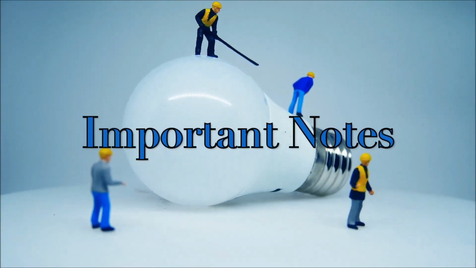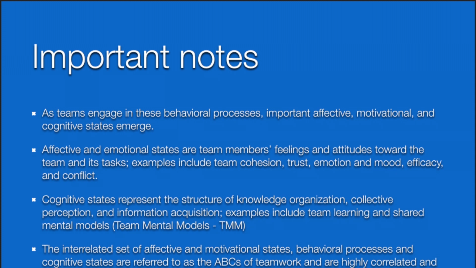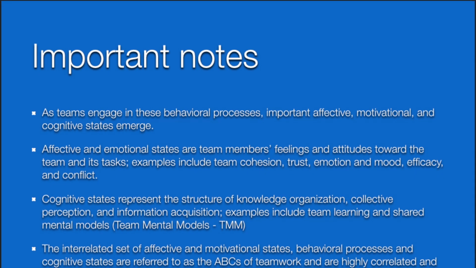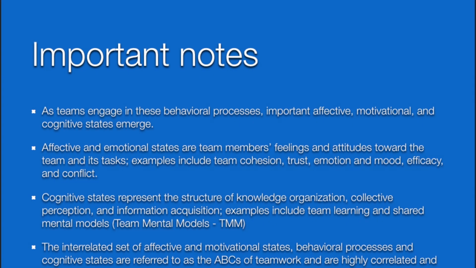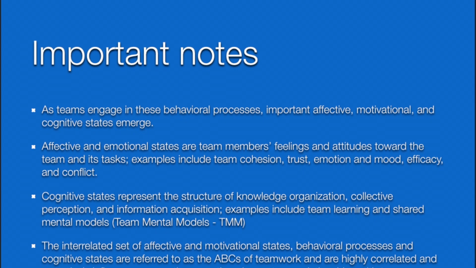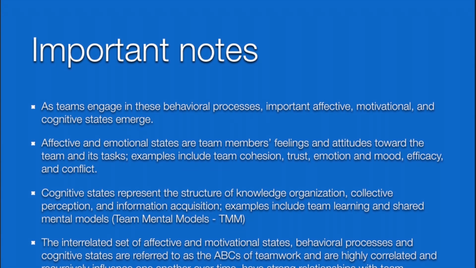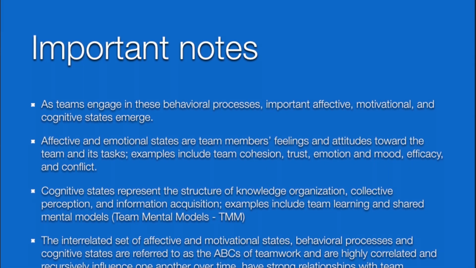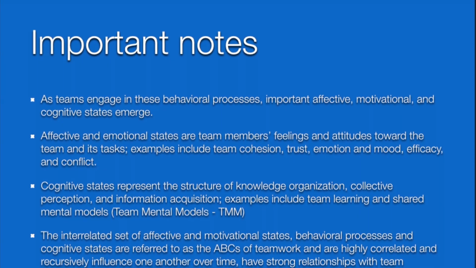Some important notes. As teams engage in these behavioral processes, important affective, motivational, and cognitive states emerge. Affective and emotional states are team members' feelings and attitudes towards the team and its tasks. Examples include team cohesion, trust, emotion and mood, efficacy, and conflict.